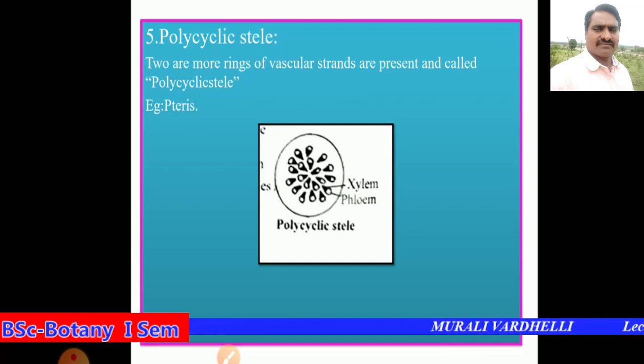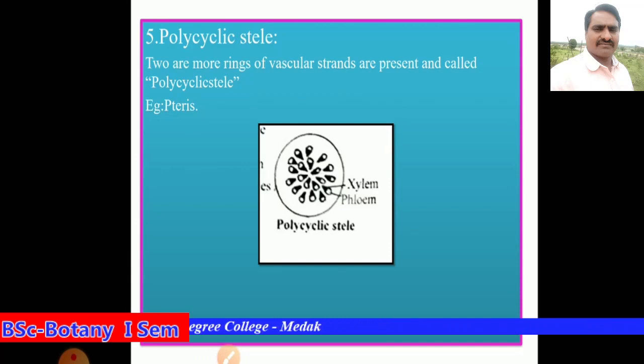On both sides of the xylem, phloem is present. Outer phloem and inner phloem. Outer phloem is surrounded by outer pericycle and outer endodermis. Inner phloem is surrounded by inner pericycle and inner endodermis. Example, Marsilea, right?